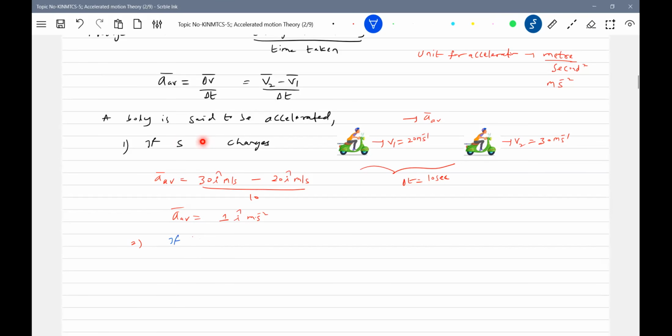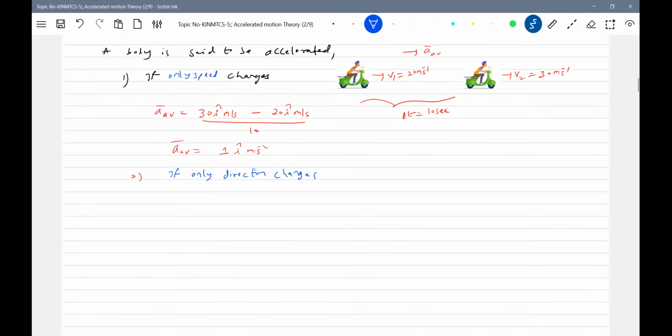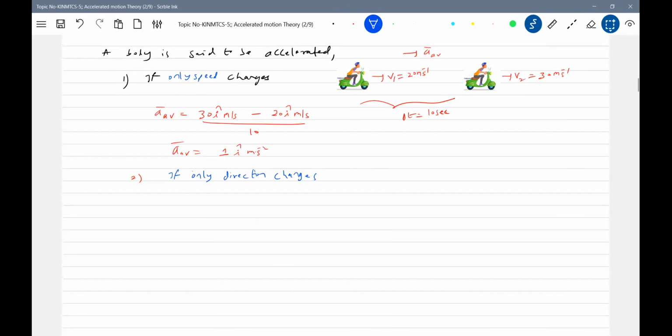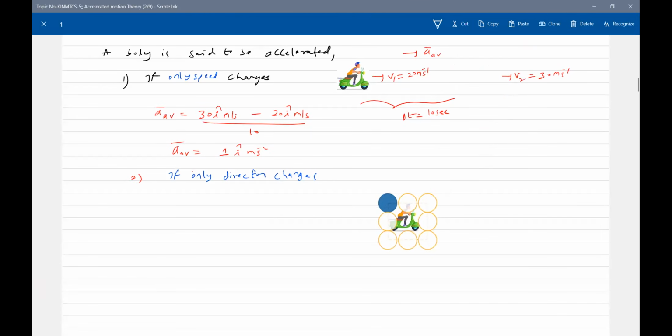If only direction changes. How come, if there's a change in direction, there can be acceleration? So the bike was initially moving along the x-axis. Then afterwards, so there's a road here.